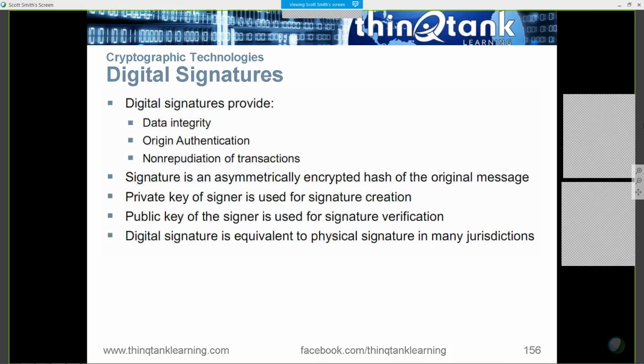Any ideas? Because if a message is sent, it can be hashed using the signature. We talked about that in the very beginning of this chapter. You can actually use a digital signature to generate a hash. Of course, we know how digital signatures can be used for non-repudiation of transactions, because there's no way you can deny sending something if it was signed by you.